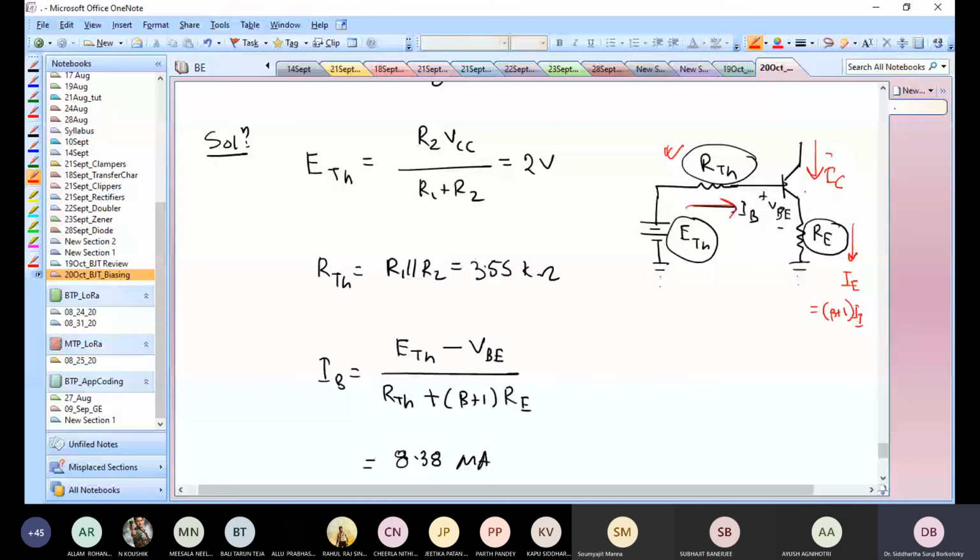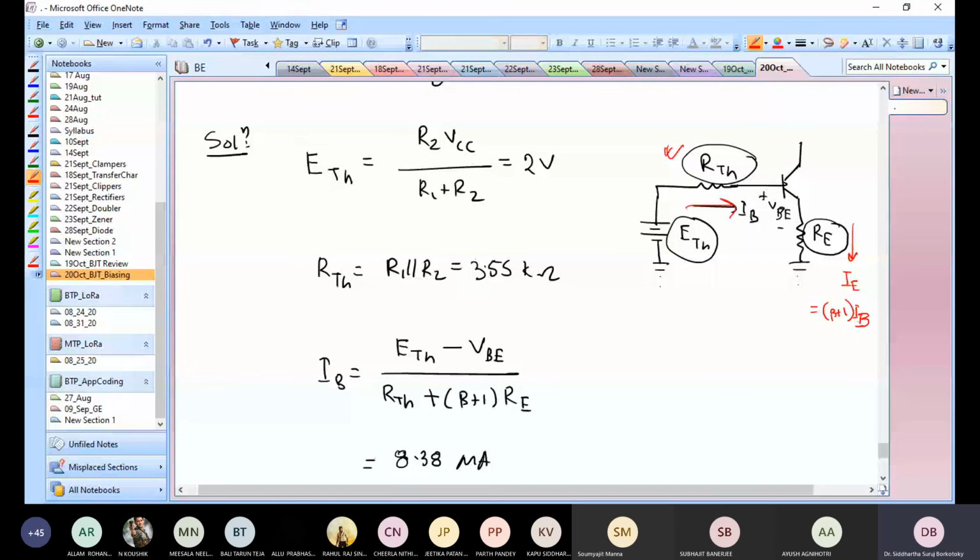So the emitter current you get is the base current plus the collector current. As a result, RE is carrying a current IE, not IB, and IE can be expressed as (beta plus 1) IB. This part is very, very important, because if I forget this, then my analysis would be wrong.